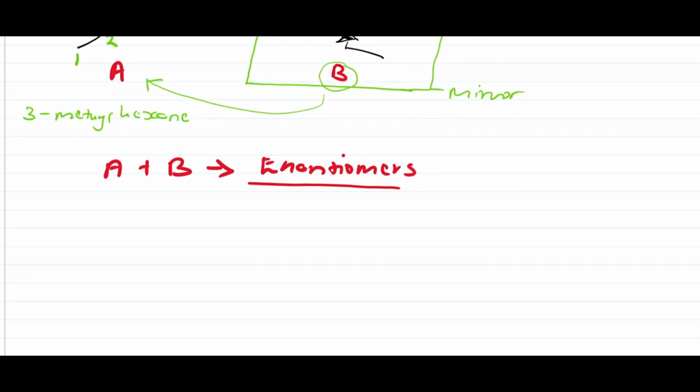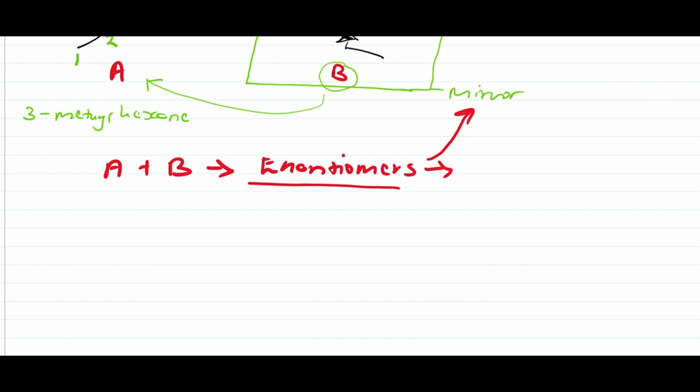The next thing that we need to know: enantiomers are molecules or compounds that have the same exact molecular formula, but they are mirror images of each other. So our molecules A and B are enantiomers because they are mirror images of each other. Now, not all molecules are chiral molecules.